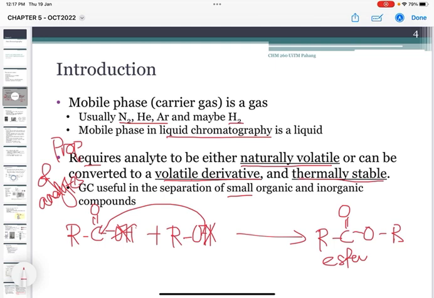Kalau kita tengok daripada carbon, carbon 1 sampai carbon 4 is gas. Okay. Carbon, saya tak ingat, carbon 5 sampai carbon berapa memang liquid. Okay, so that is the meaning of small organic. So this is the properties of analyte that can be analyzed using gas chromatography.